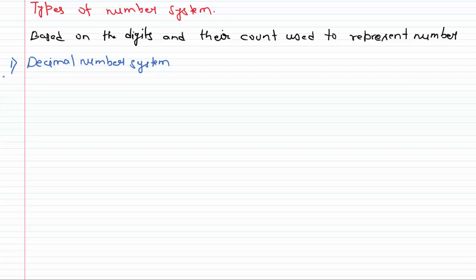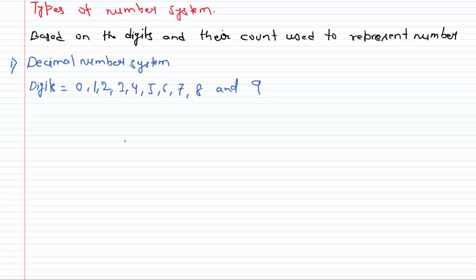In this number system, the digits or symbols that we use to create numbers are 0, 1, 2, 3, 4, 5, 6, 7, 8 and 9.